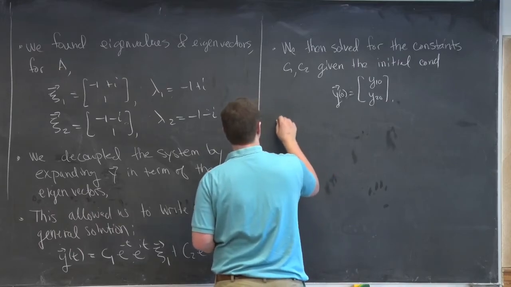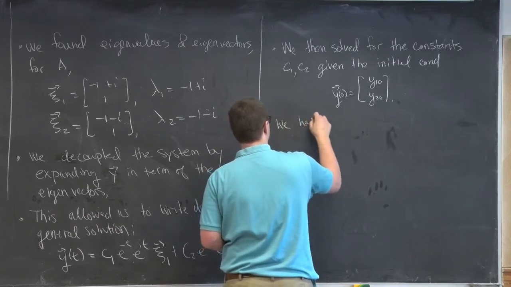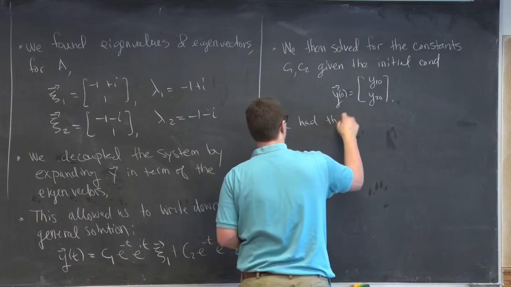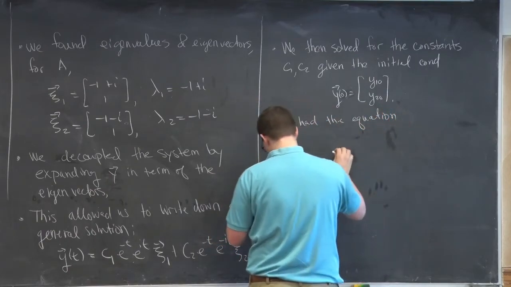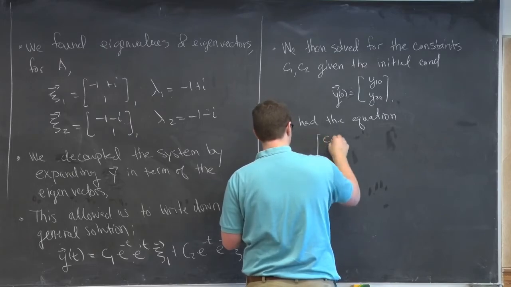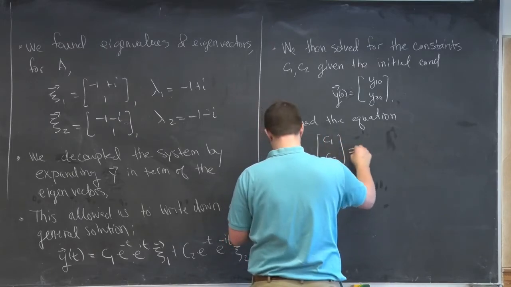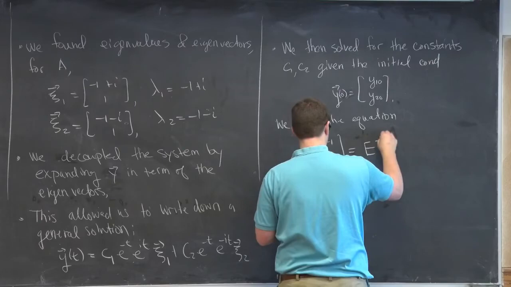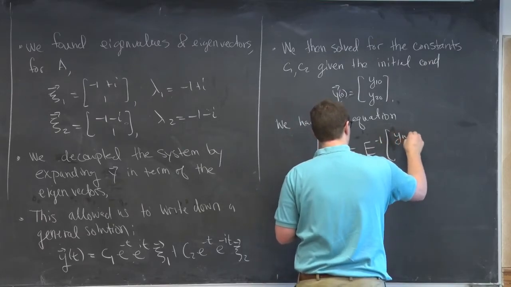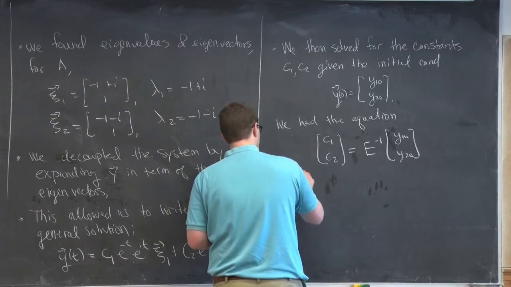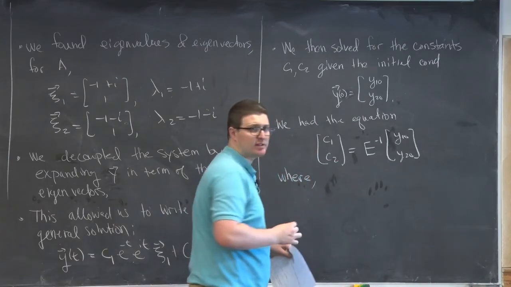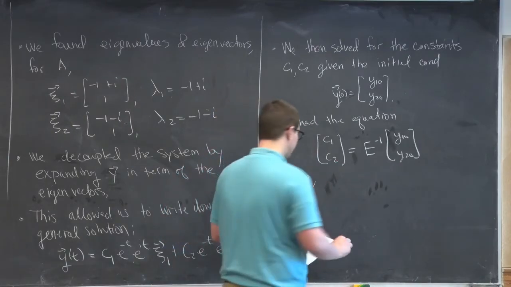So the equation here: c1, c2 was equal to E inverse times y10, y20, where E was the change of basis matrix for the eigenvectors, right?